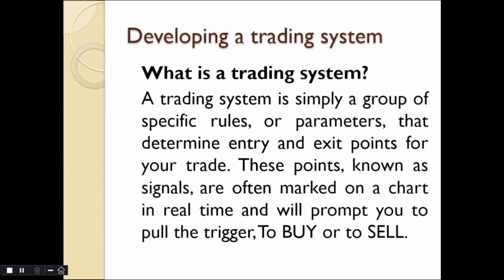Developing a trading system. What then is a trading system? A trading system is simply a group of specific rules or parameters that determine entry and exit points for your trade. These points, known as signals, are often marked on a chart in real time and will prompt you to pull the trigger.